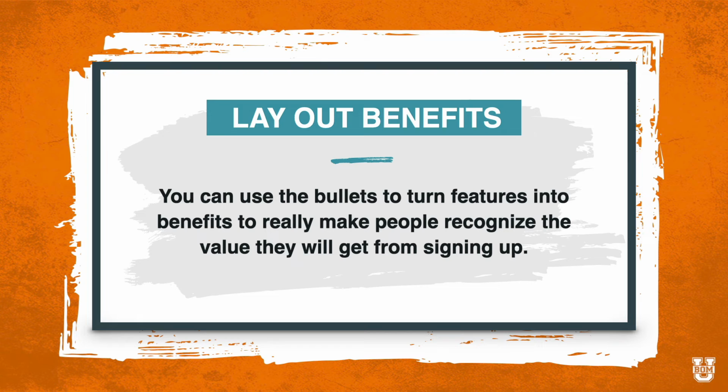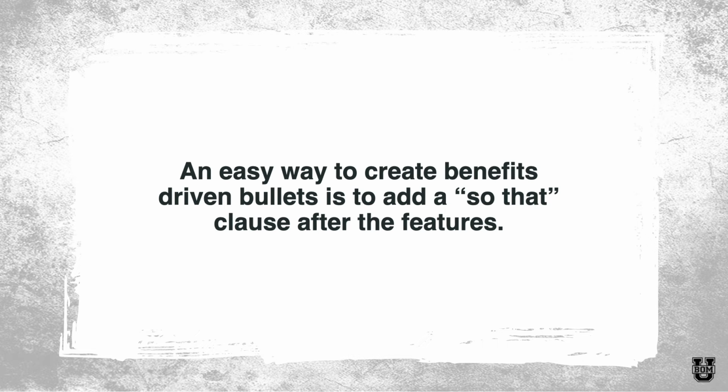Those are features of my stuff, but you want to turn those into benefits to really give meaning to them. An easy way to create benefits-driven bullets is to add a "so that" clause after the features. In other words, you take a feature and then add a "so that." You don't have to have "so that," you can put just "so," but adding that really ups the value and makes people understand it.